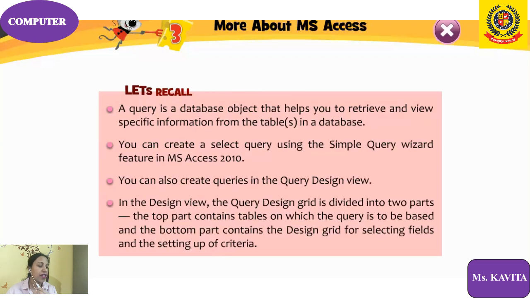You can also create queries in the query design view. In the design view, the query design grid is divided into two parts. The top part contains tables on which the query is to be based, and the bottom part contains the design grid for selecting the fields and setting up the criteria.